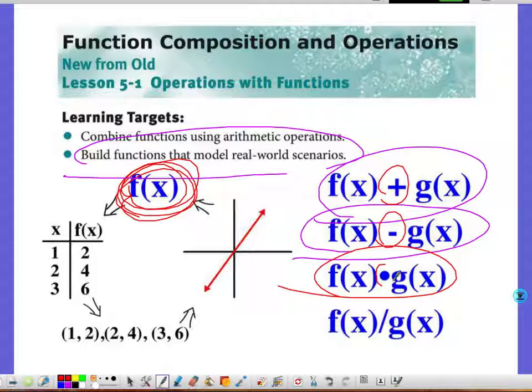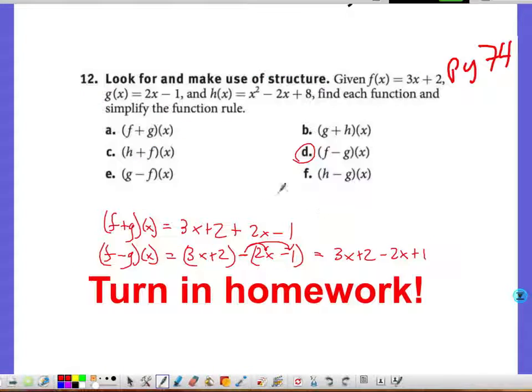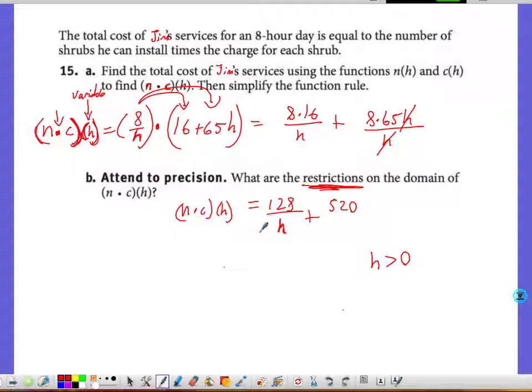For adding, subtracting, and multiplying functions, you just basically give me the answer. But there's also something that we did extra for multiplying functions, and something that we always have to do for dividing functions: notice that when we had the variable in the denominator, we have to find what the restrictions of the domain are going to be.